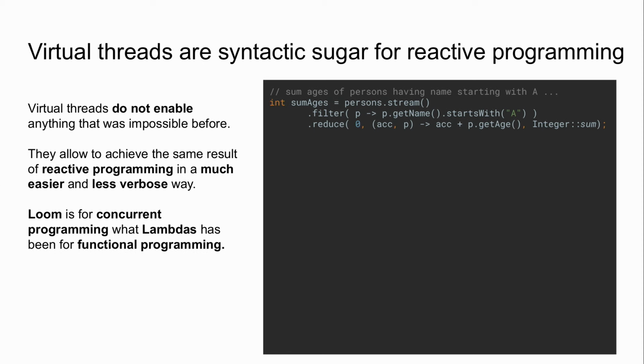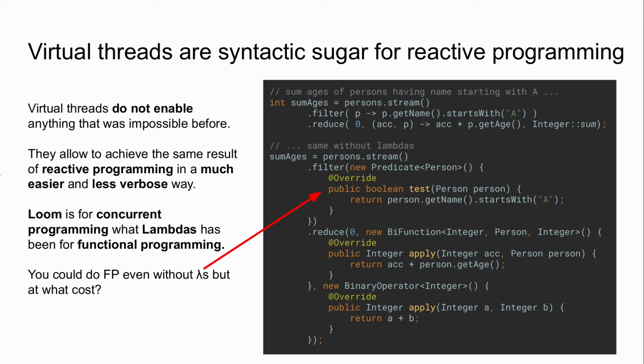It's all nice, but do we need lambdas to do this? Actually, no. If you think about it from a syntactic point of view at least, lambdas are just syntactic sugar for anonymous inner classes. You can do exactly the same thing with anonymous inner classes in a much more verbose way. Of course, you don't want to do this, okay? And in the same way, I think that Loom is syntactic sugar for reactive programming, okay?